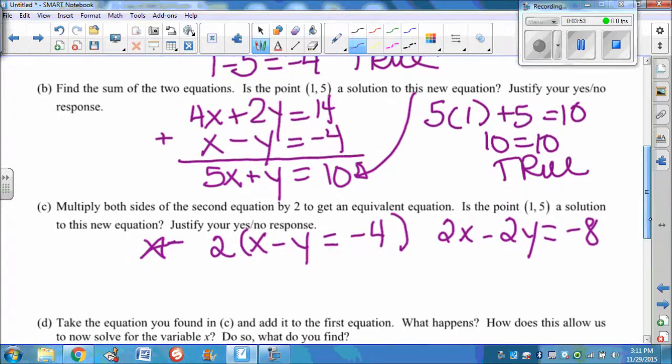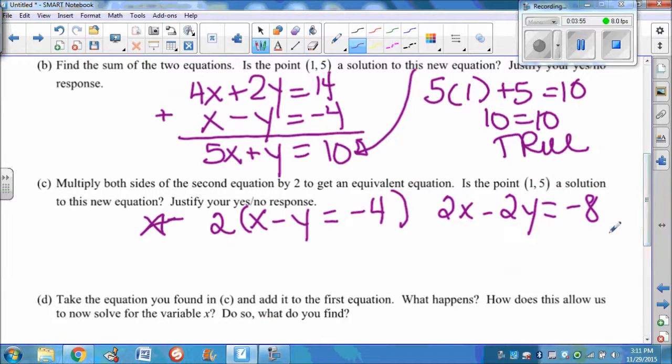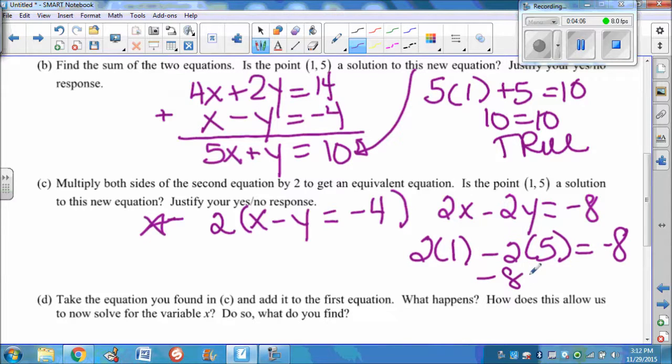And they want to see, is (1, 5) a solution to that new equation? Again, we do the same thing. 2 times 1 minus 2 times 5. Does that equal -8? We end up with -8 equals -8, and that is absolutely true. So (1, 5) is a solution to this new equation.